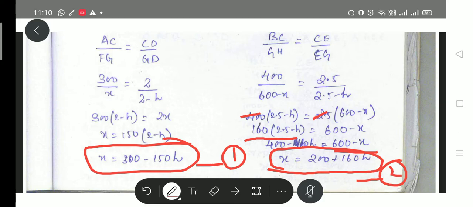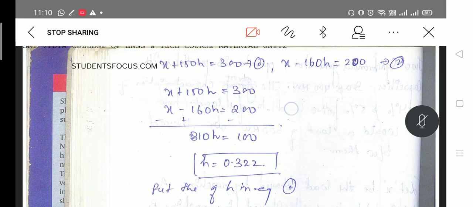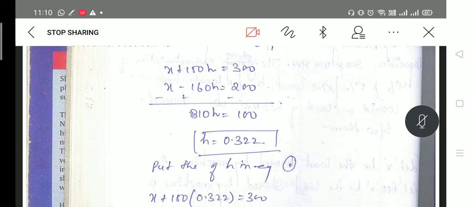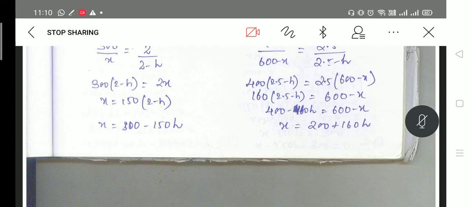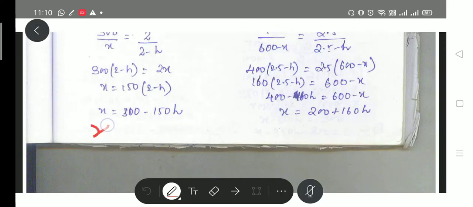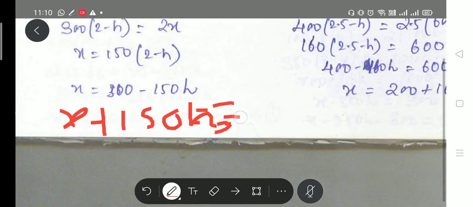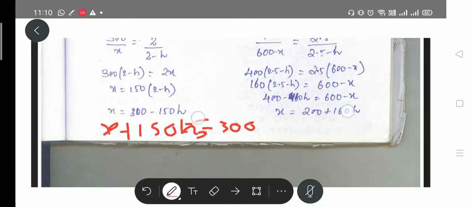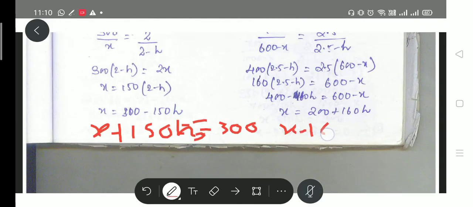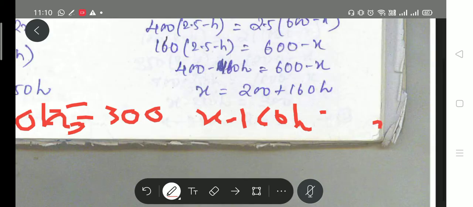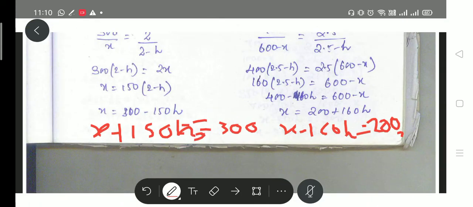By equating these two values, we can calculate the value of h. x plus 150h is equal to 300, and x minus 160h is equal to 200. From these two equations we can calculate the h value.